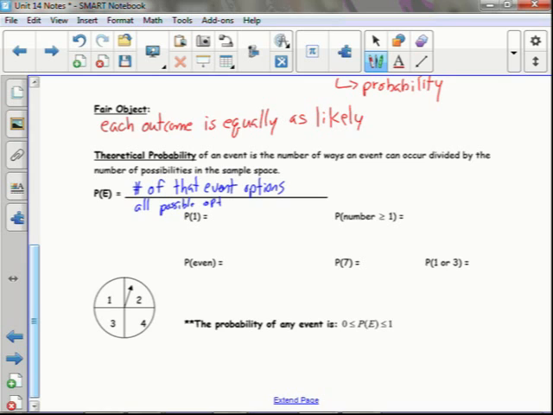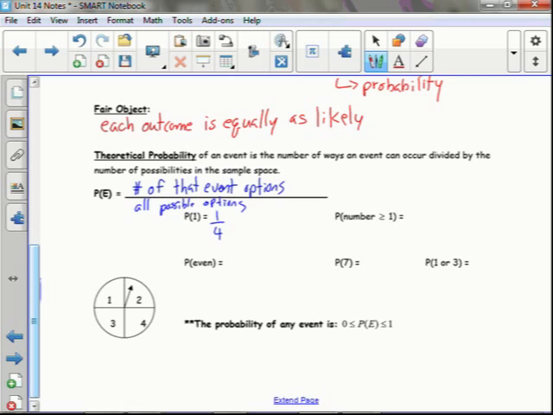We're going to look at this spinner here. In the spinner, we have 1, 2, 3, or 4. It's equally divided. So the probability of 1, well, there's 1 out of 4 options.